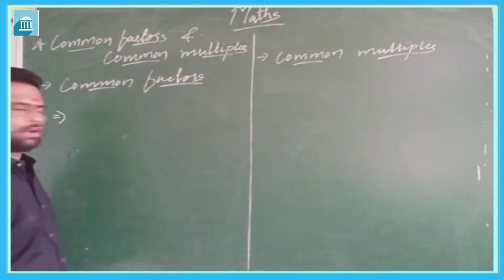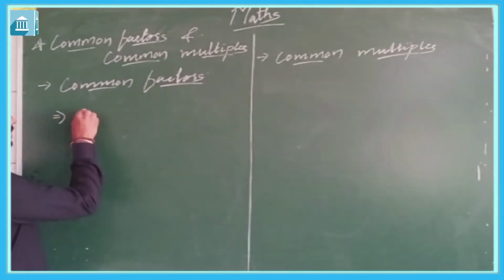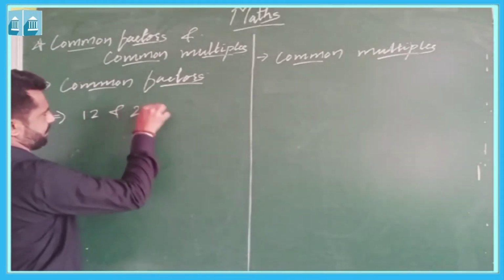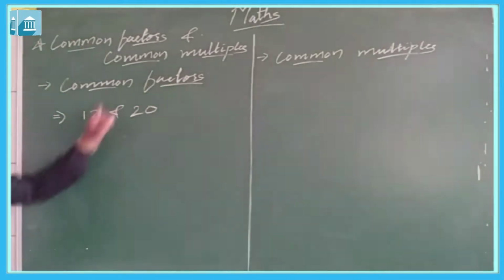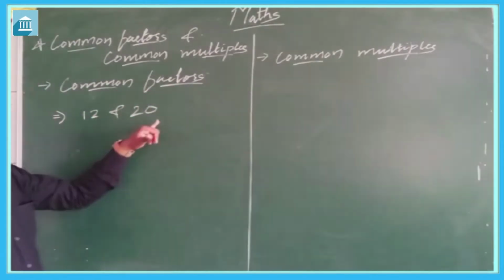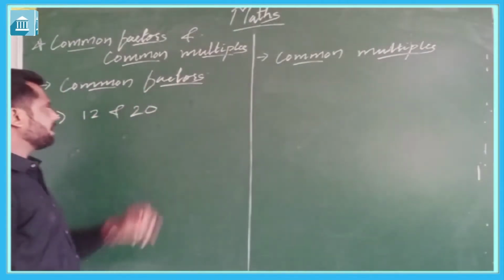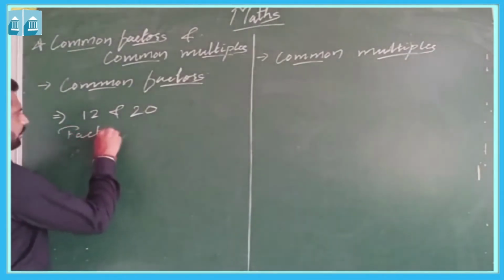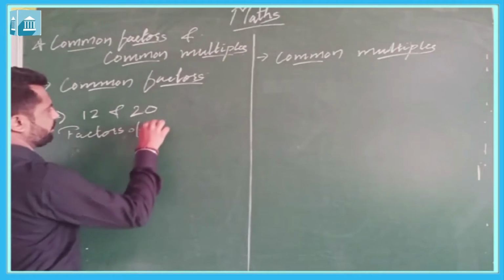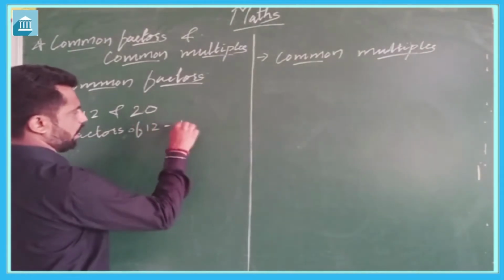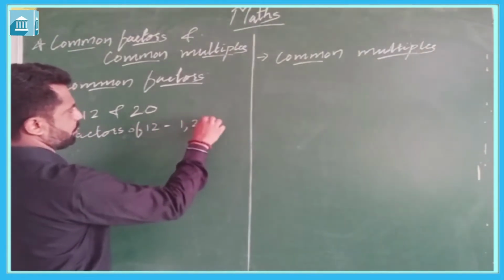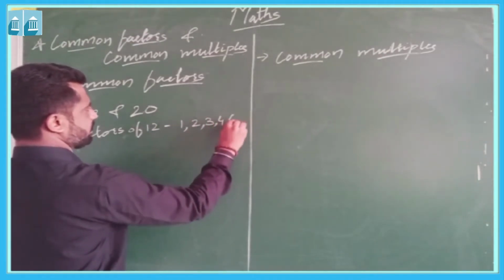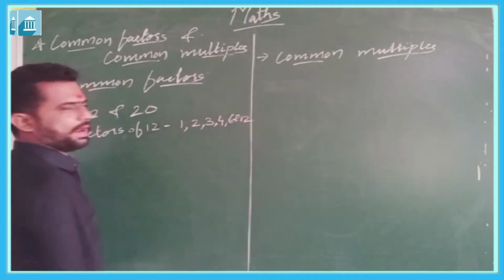Let us find out the common factors of, suppose, 12 and 20. To find out the common factors of 12 and 20, first we need to find out factors of 12. Factors of 12 are 1, 2, 3, 4, 6 and 12.